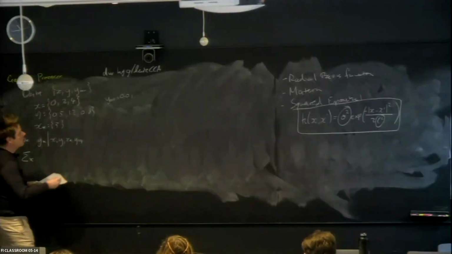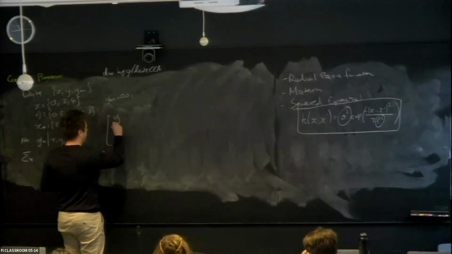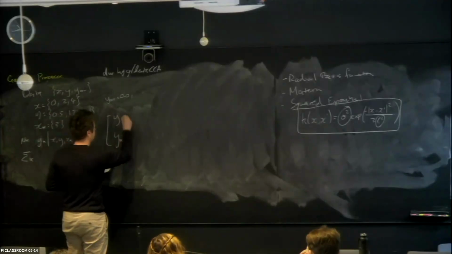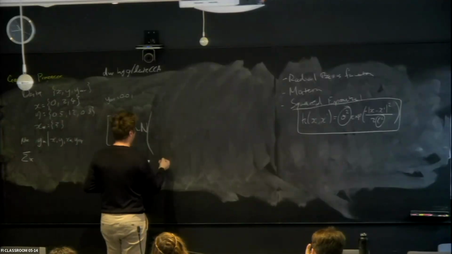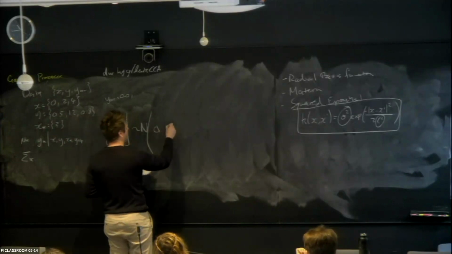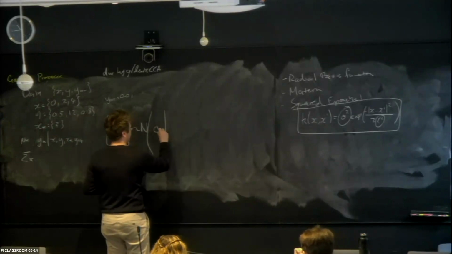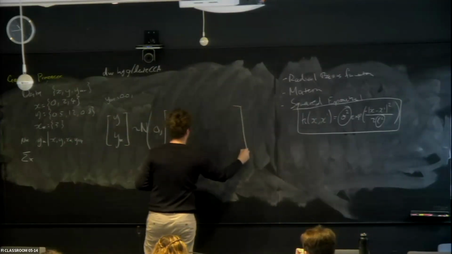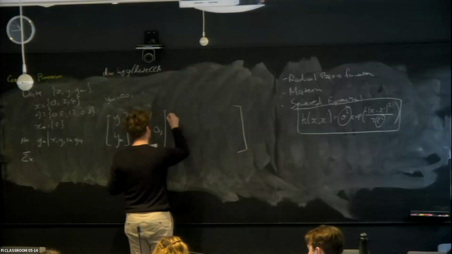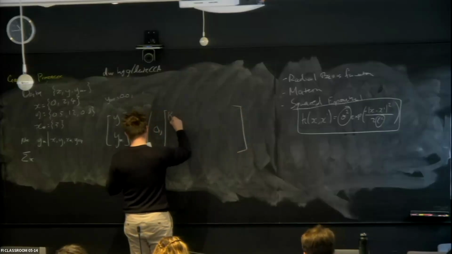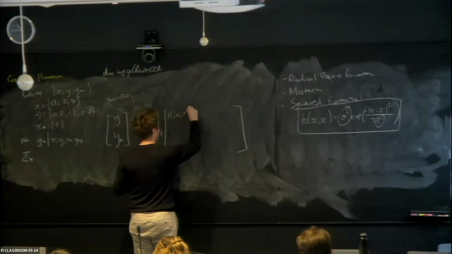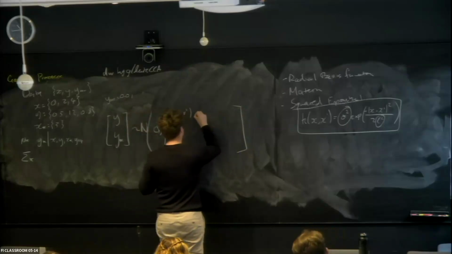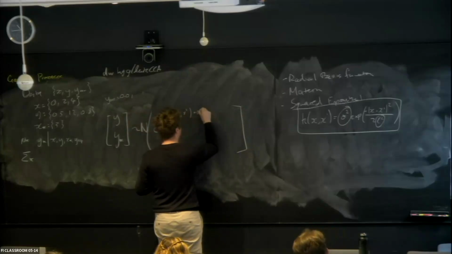Okay, so the way that you could write this is that it's drawn from a normal Gaussian. We'll say it's centered on 0. And then our covariance matrix: K of x, x plus the uncertainties in y squared times an identity matrix.